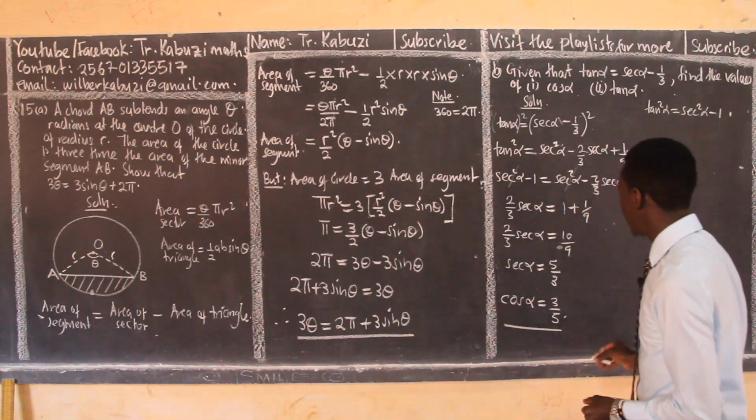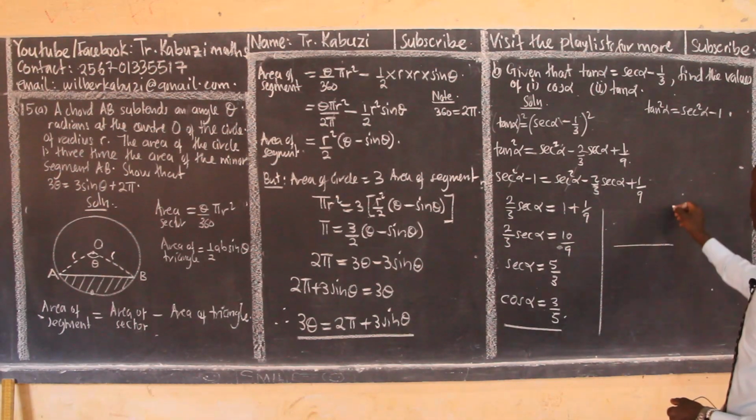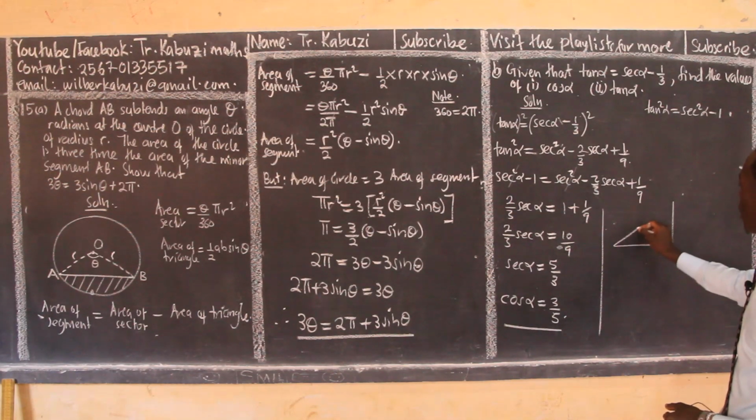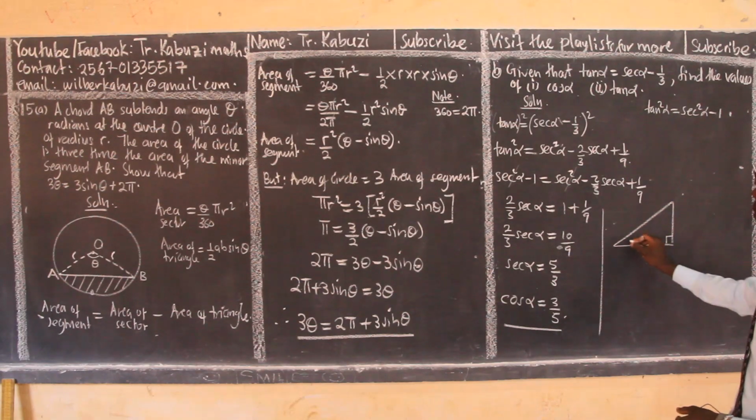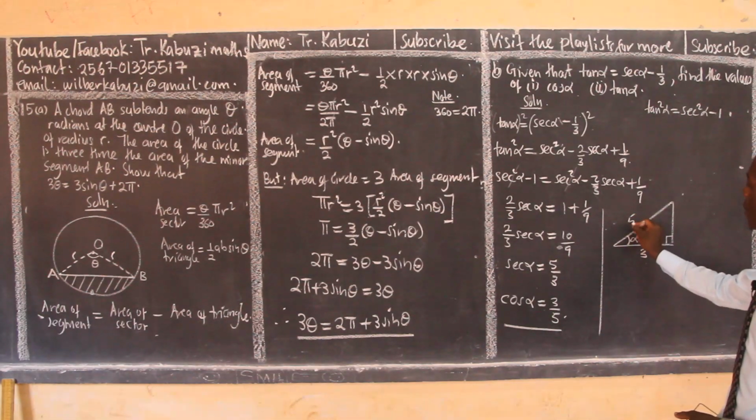Now they're asking me to get tan alpha. I don't waste time. I come here and use my right-angled triangle. Because I have cos, this is the adjacent, which is 3, and the hypotenuse is 5.